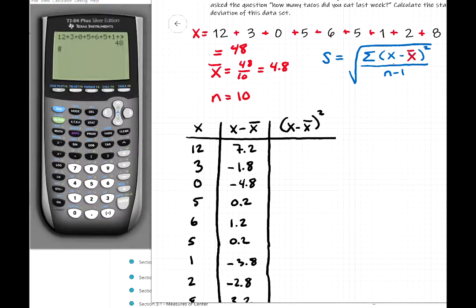So order of operations, parentheses first, then exponents, then addition on the outside. So we need 7.2 squared. So that is 51.84. Negative 1.8 squared.